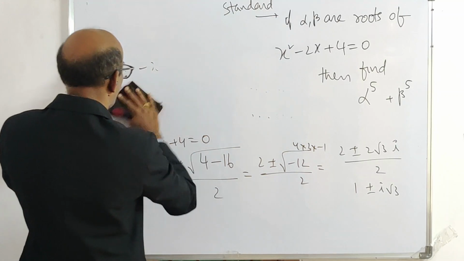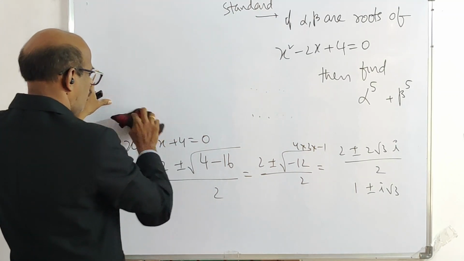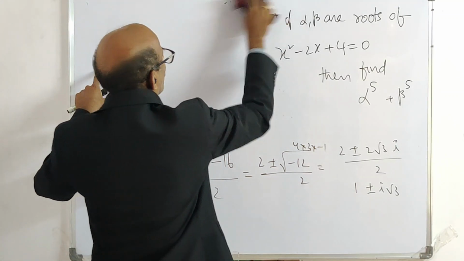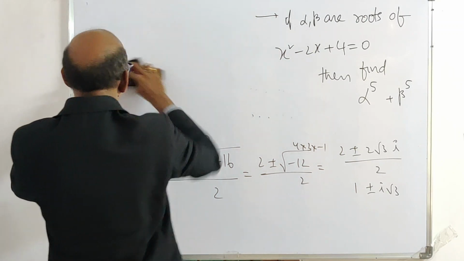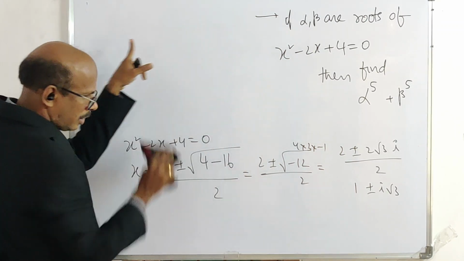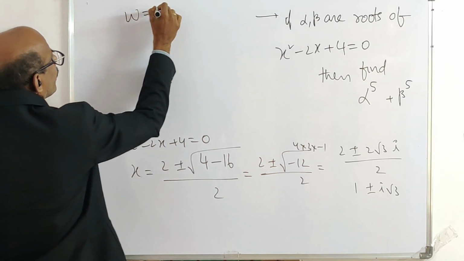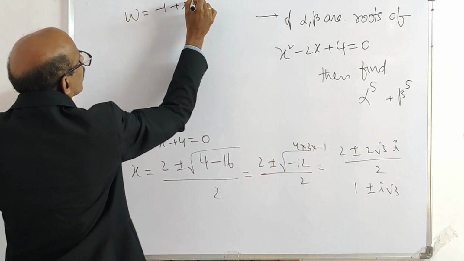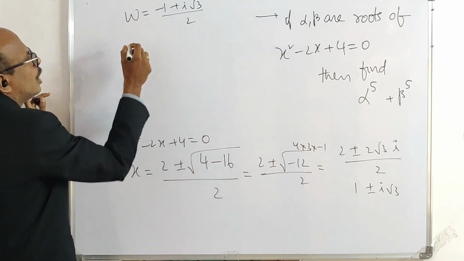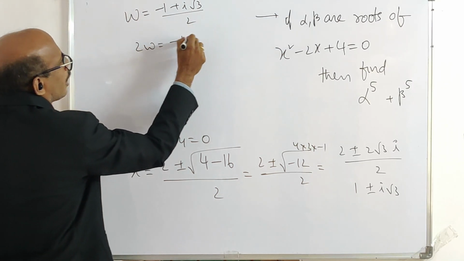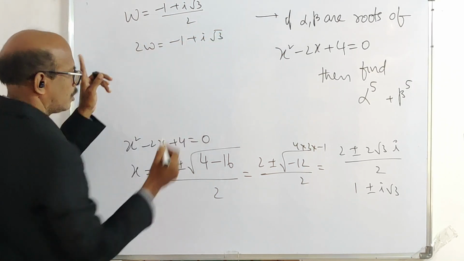Now I am giving proof of the standard result. One of the proofs of the standard result, four mentioned already here. You know very well omega known result is minus 1 plus i root 3 by 2. If you cross multiply, 2 omega equal to like this, understood?